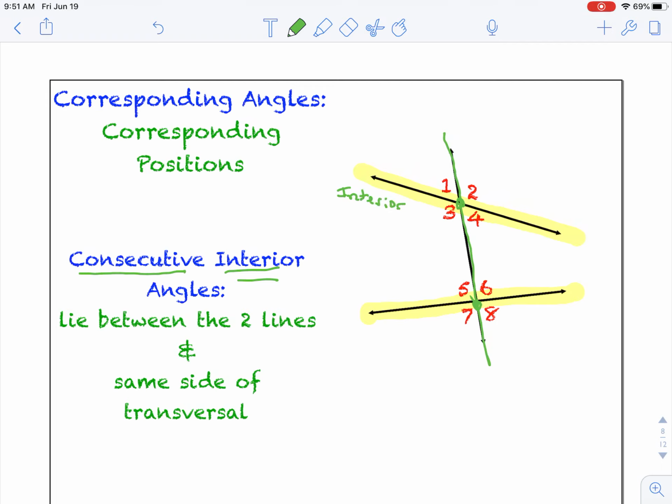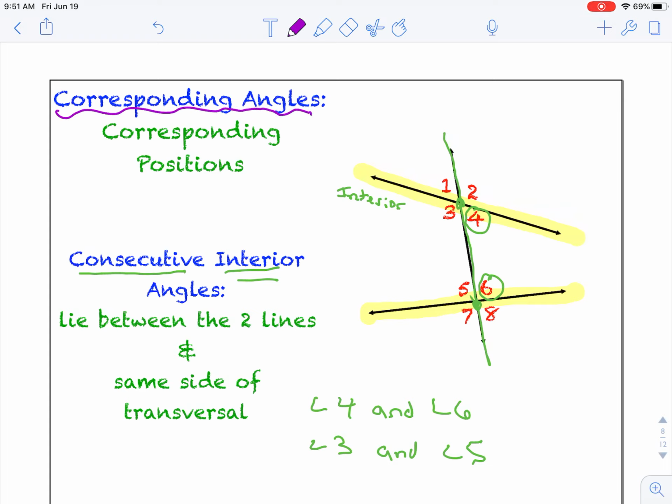So now, again, we still want the interior or inside of the lines, but now they're consecutive interior. They're not alternating across, they are consecutive. They're next to each other, like this. So that is angle 4 and angle 6. And again, we have another pair, angle 3 and angle 5.